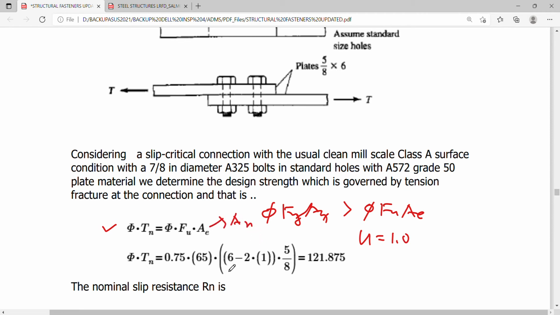So this is 6, the width of the plate, minus 2 bolts multiplied by the diameter of 7/8 inch, plus the allowance of 1/8, so this becomes 1 inch diameter. Then we multiply it by the thickness of the plate, which is 5/8. So this is in parentheses.